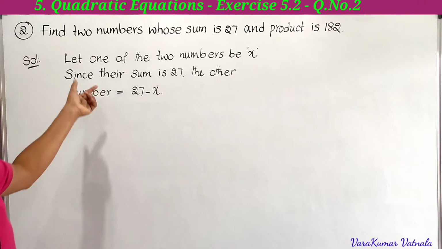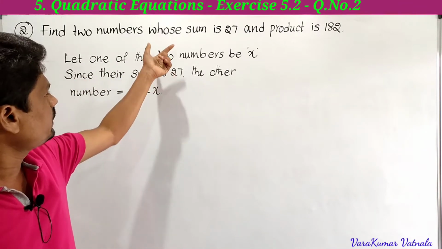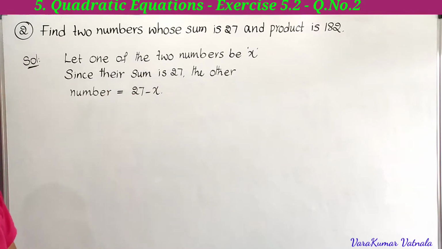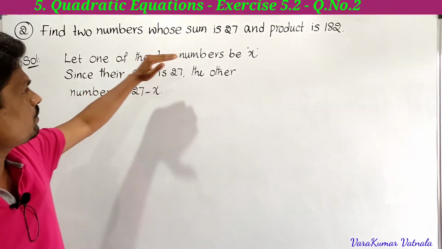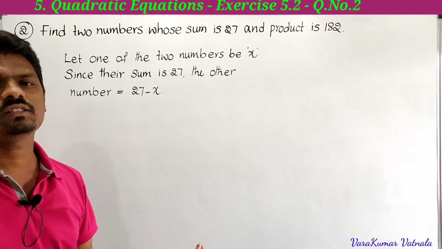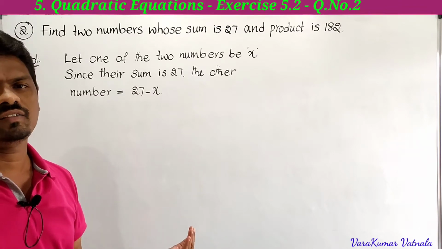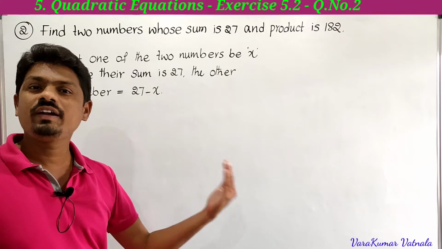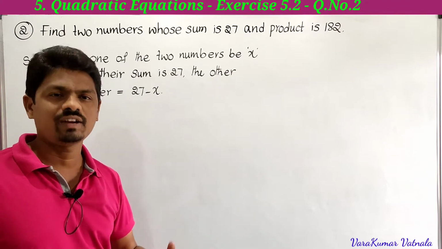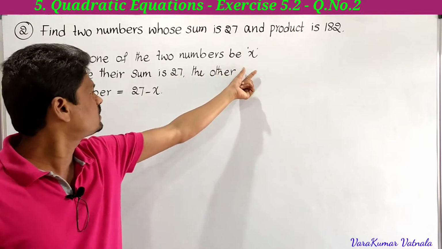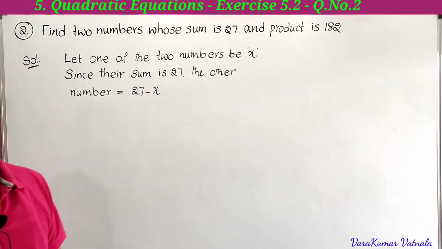Since their sum is 27, the other number is equal to 27 minus x. Suppose one number is 10, then the other number is 27 minus 10, which is 17. So now the two numbers are x and 27 minus x.